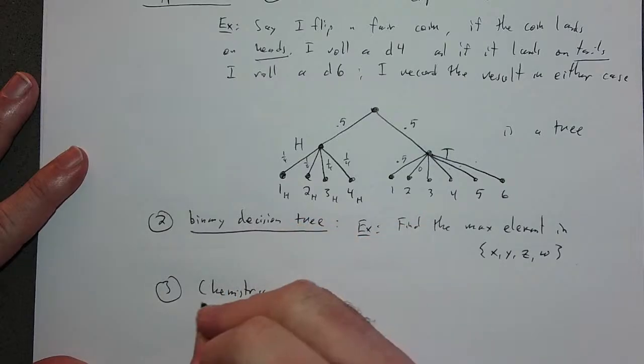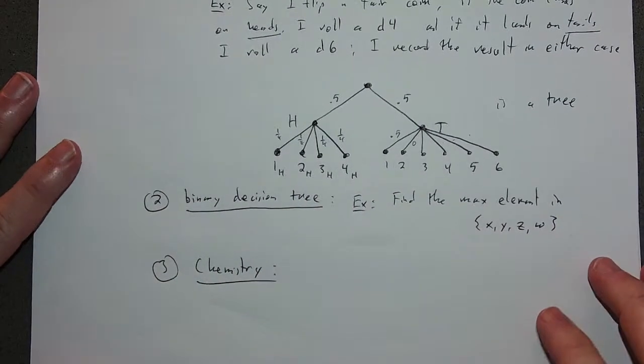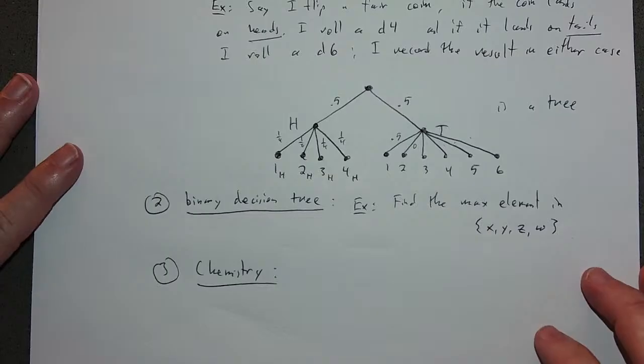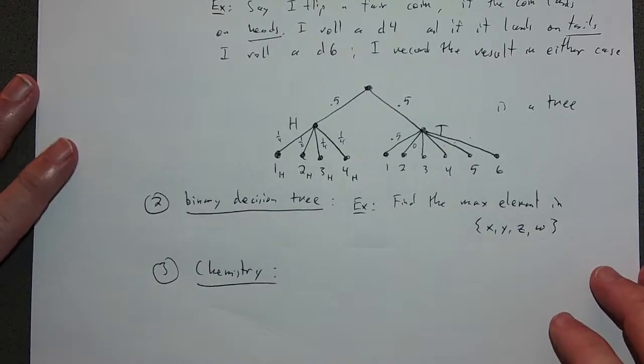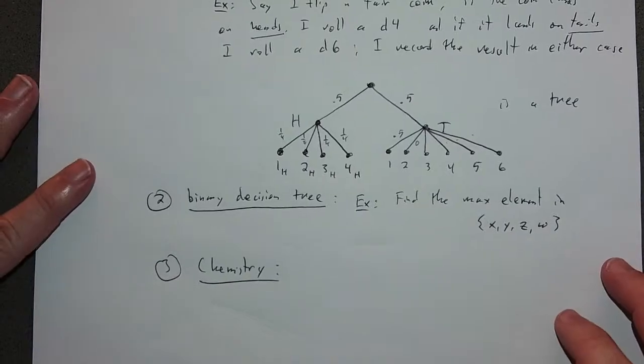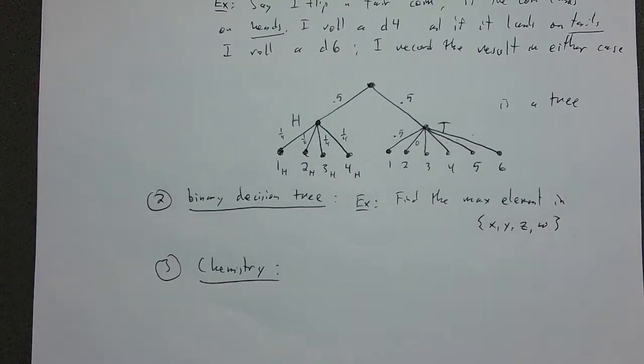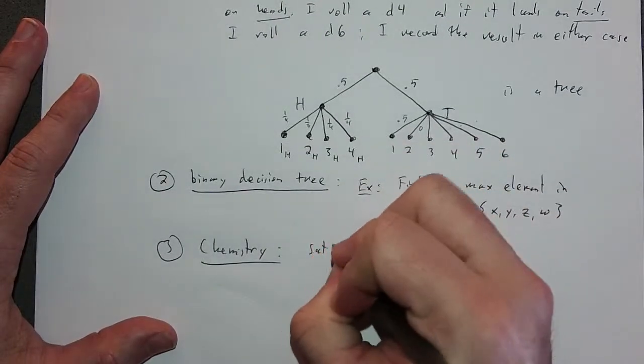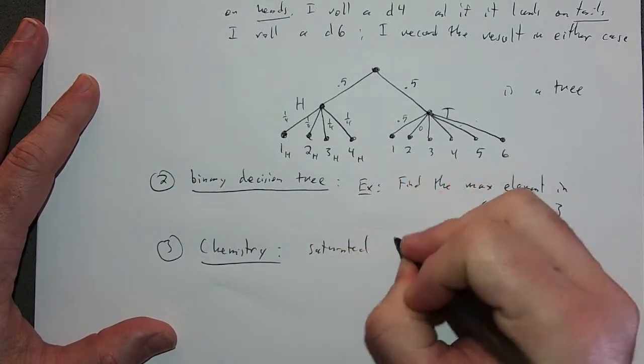There's the chemistry application. Counting some of these trees of some order might have made you see, oh, hey, I've seen some of these from my chemistry class before. I've definitely seen some diagrams that look like this. So, saturated hydrocarbons.